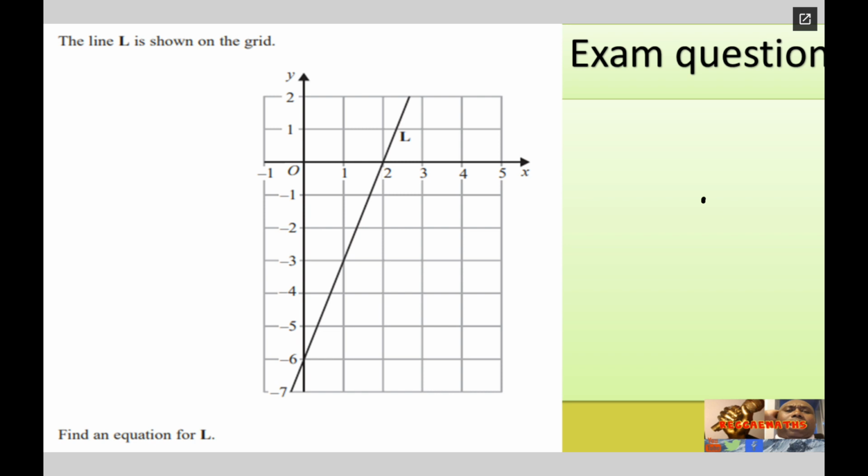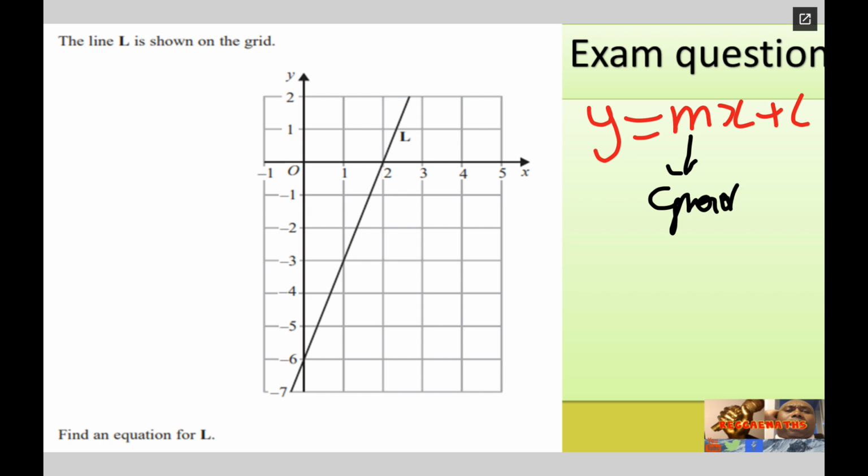Find an equation for L. So y equals mx plus c. In this case, m is the gradient of the line, and c is where the line crosses the y-axis.